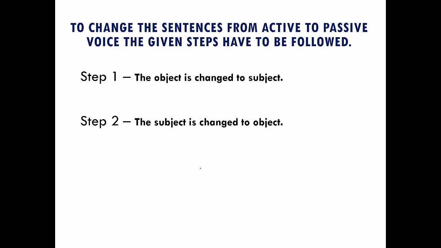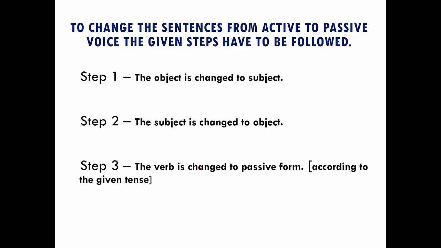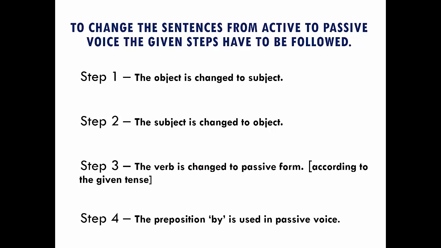Step 2, the subject will be changed to object. Step 3, the verb is changed to its passive form. Now, while changing the verb to the passive form, you have to pay due importance to the tense in the given sentence. And in 99% cases, the preposition by is used in passive voice.